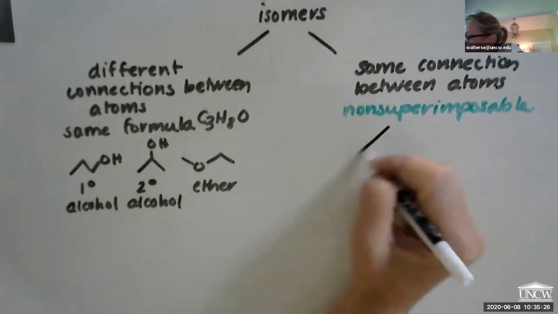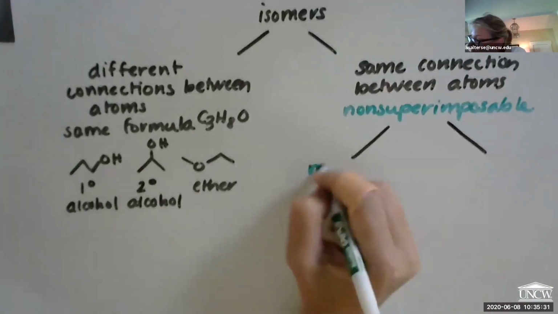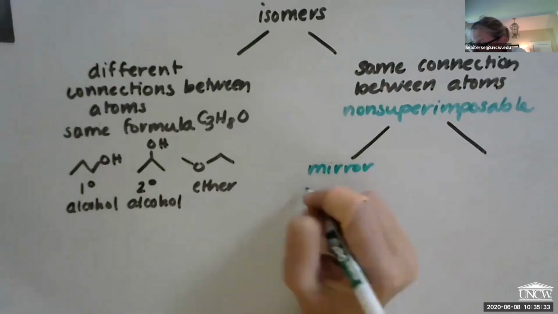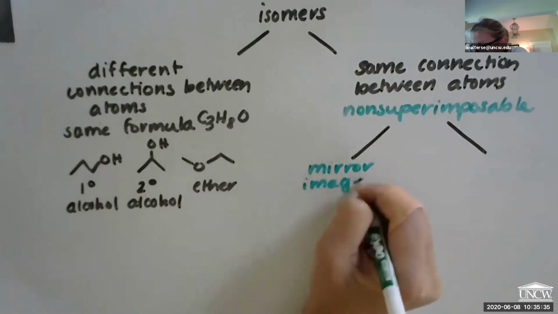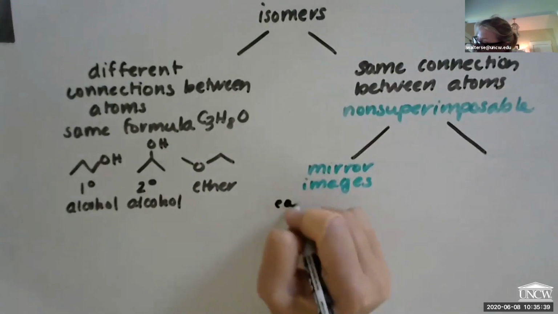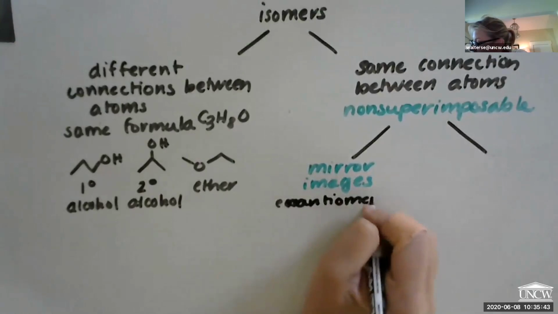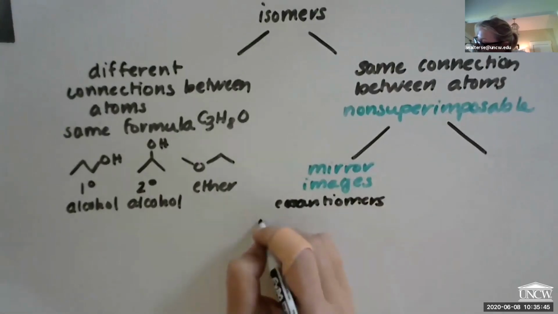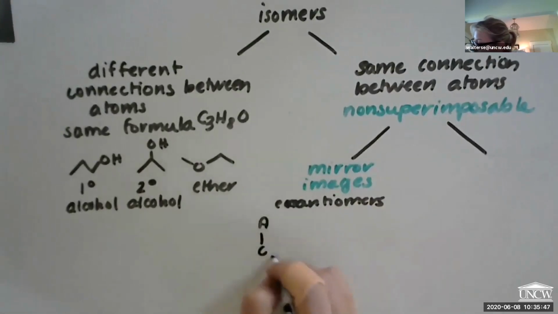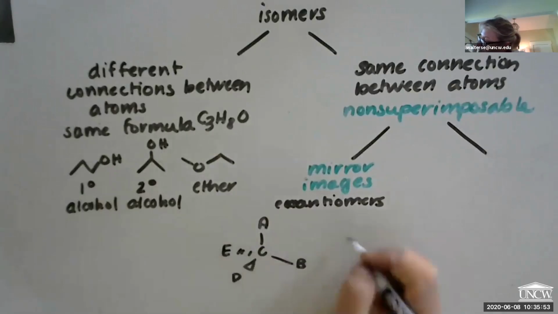If they're non-superimposable but they're mirror images, they're enantiomers. And they would be opposite at all chiral centers.